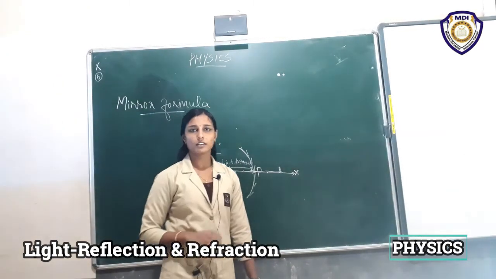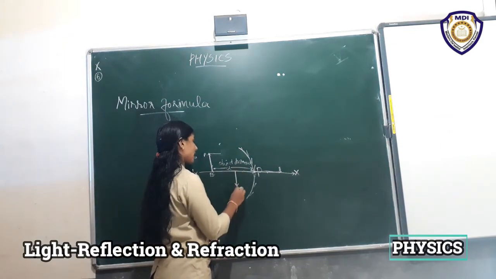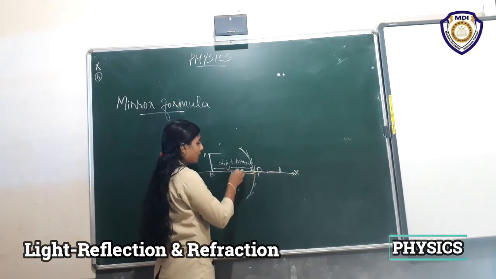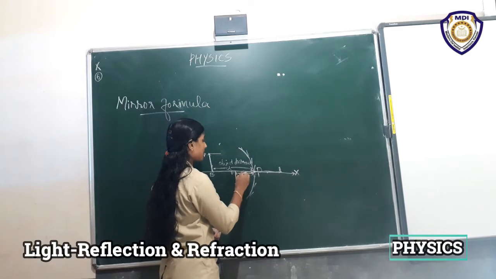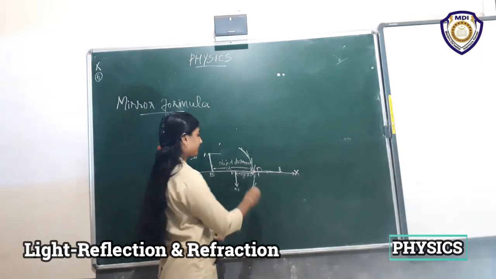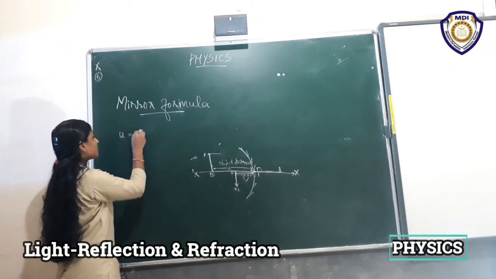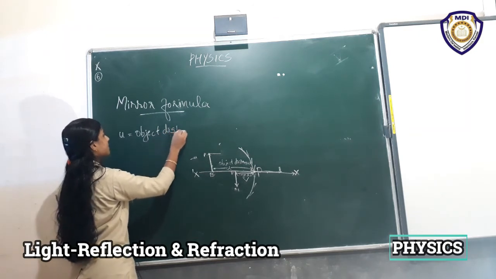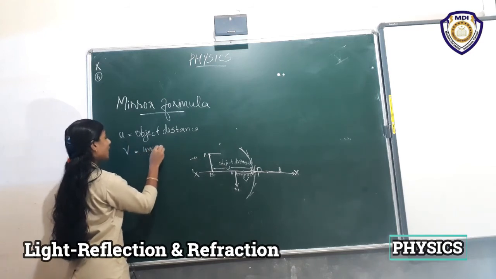If the image is formed here, that is A dash B dash, then this distance from the pole is the image distance V. So U is the object distance and V is the image distance.